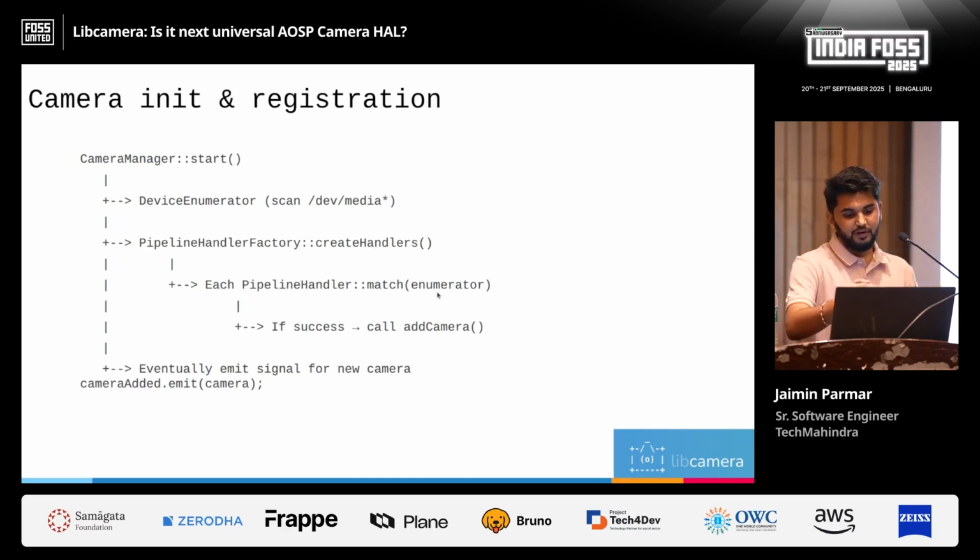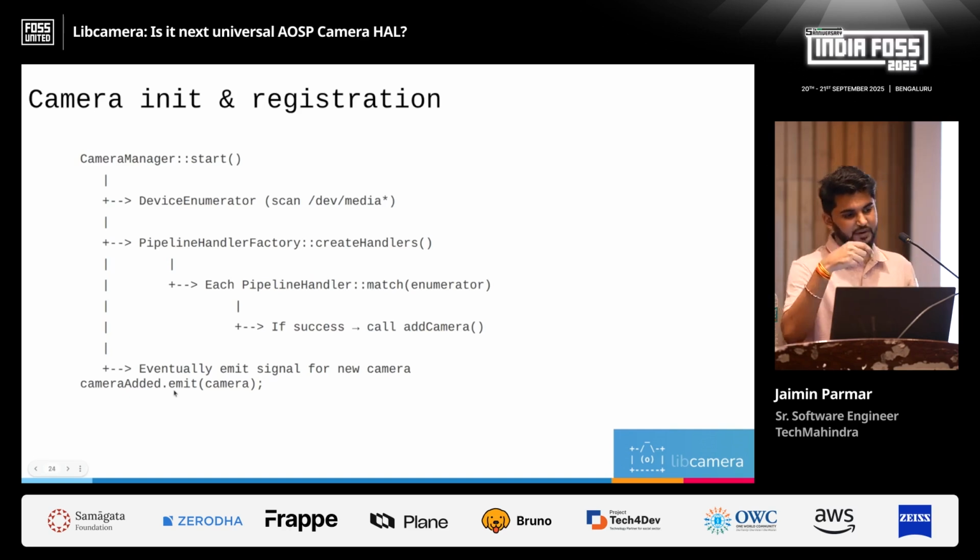It will match the ISP entity's name with your pipeline handler. If it matches, it means your pipeline handler is able to handle the ISP, and eventually it will call add camera, and add camera basically emits the signal.